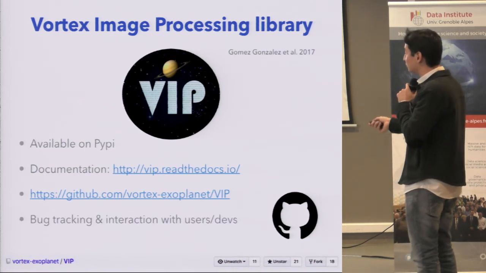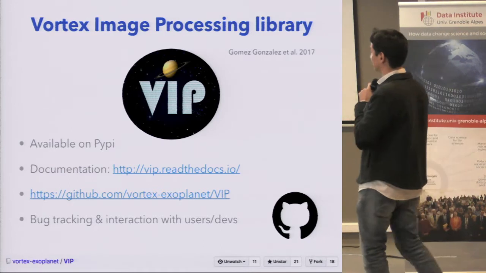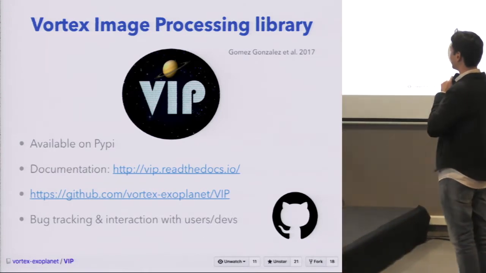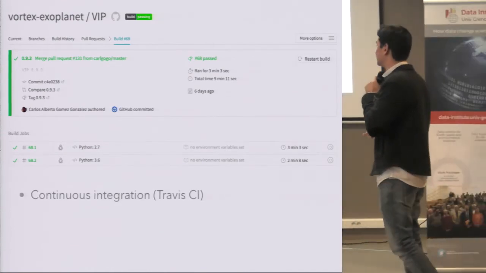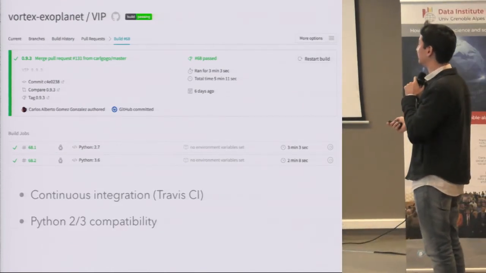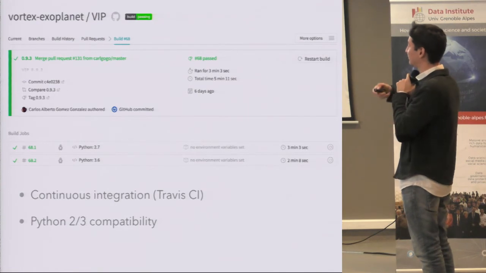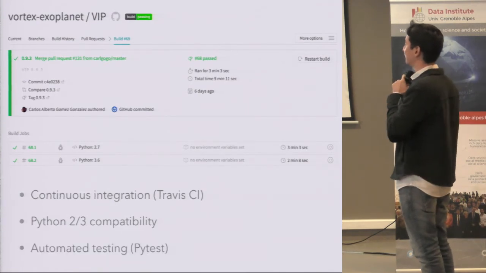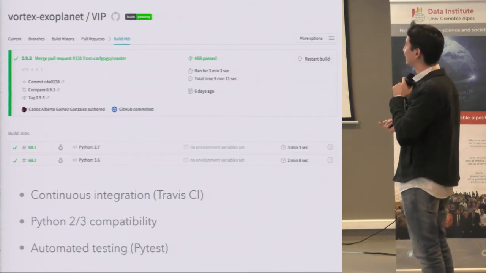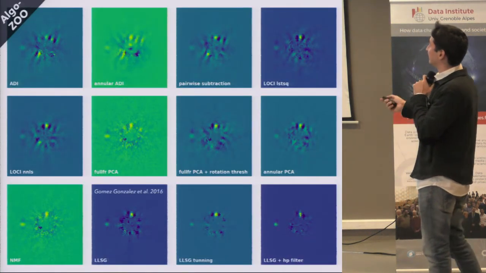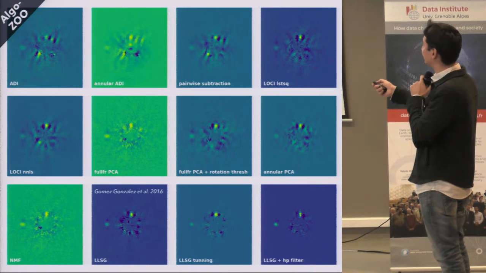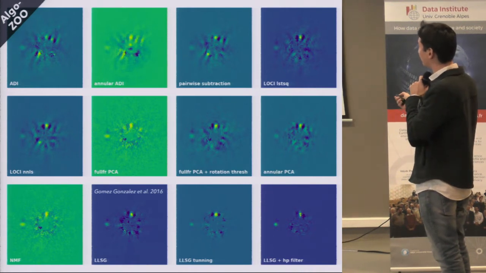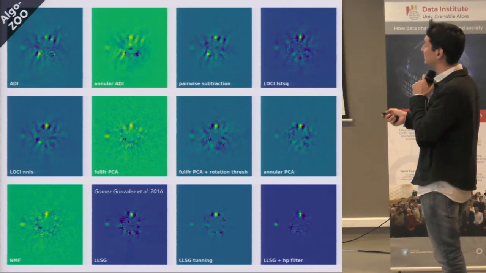It uses bug tracking, and there is interaction with developers and users. It uses continuous integration. It's compatible with the previous and the current version of Python, automated testing, and ultimately it enables, from one dataset, to have different views of what a final image would be.